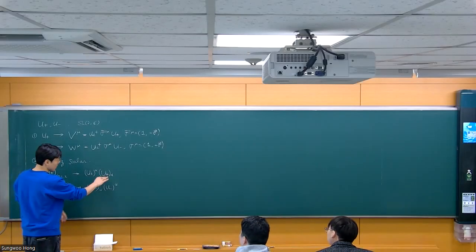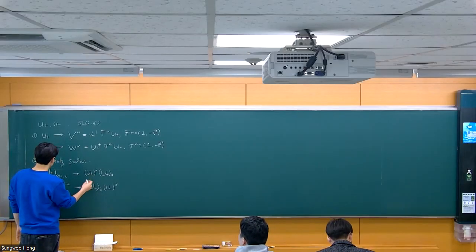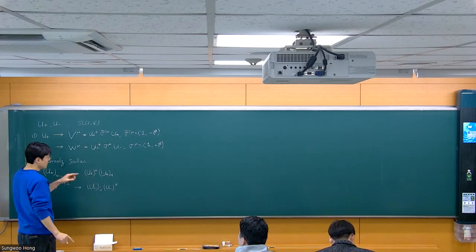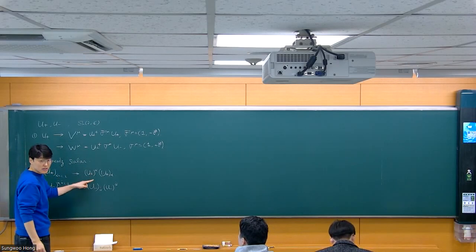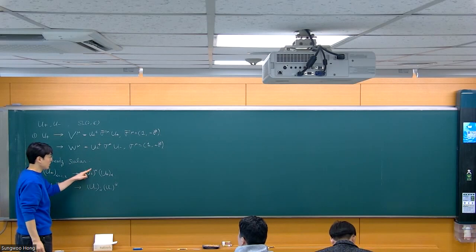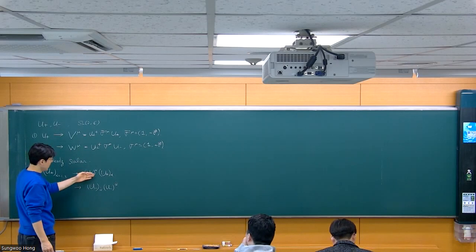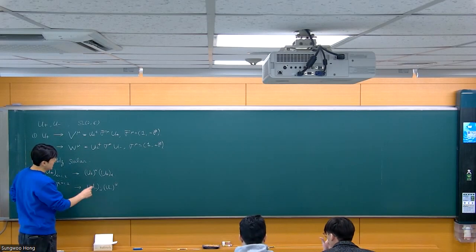Roughly speaking, you can think of this as a right-handed spinor. I told you that these are two-component objects transforming under SL2C in the spin one-half representation.